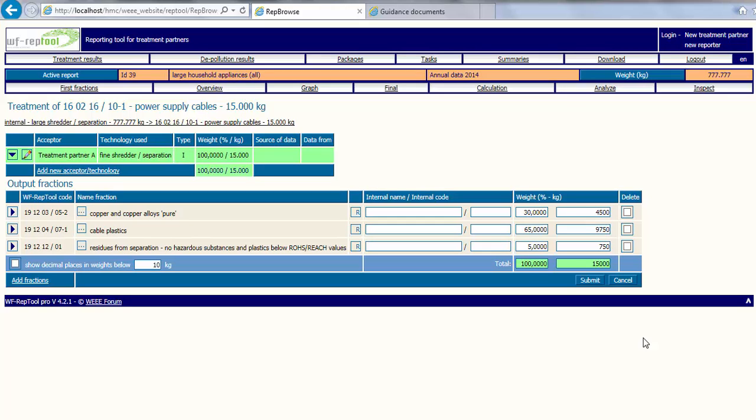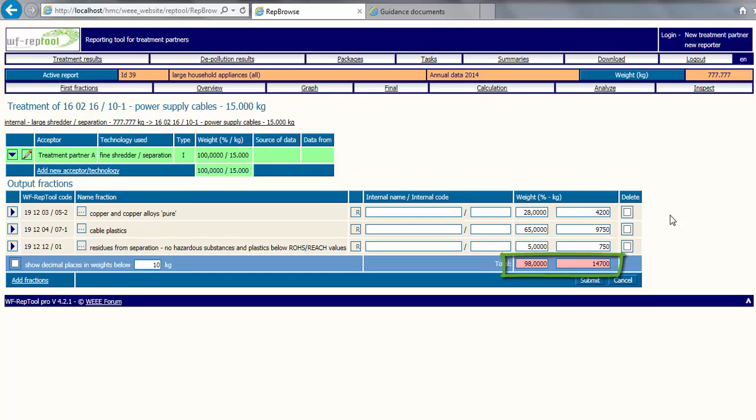And you may change the yield of subfractions, here for example 28% of copper. If you change the share of one fraction and click anywhere beside or the submit button, the weight of the yield fraction achieved will be automatically calculated on the basis of the weight of the incoming output fraction.